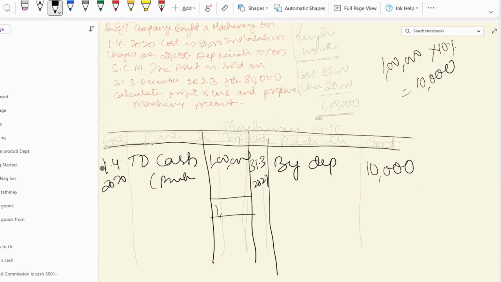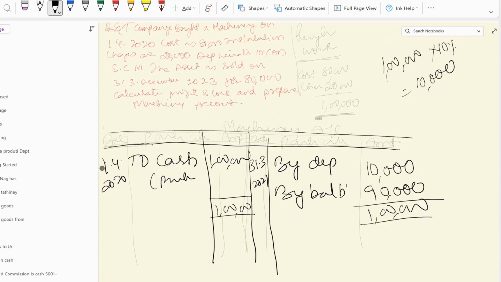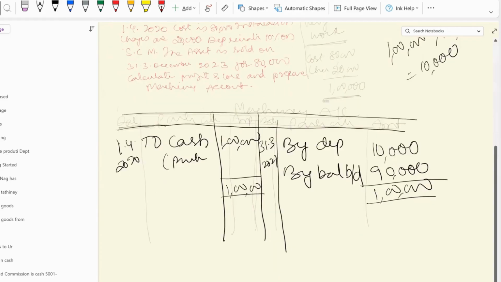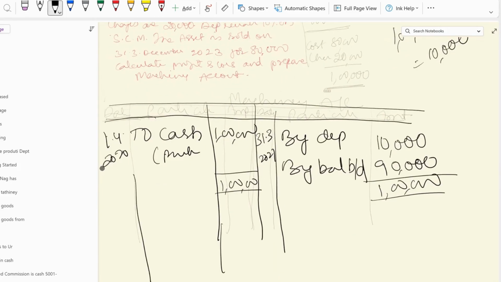So what is the balance? The same 1 lakh you will bring here. From 1 lakh, if we deduct 10,000, it is 90,000, by balance brought down. Now on 1/4/2021, to balance brought down is again 90,000.